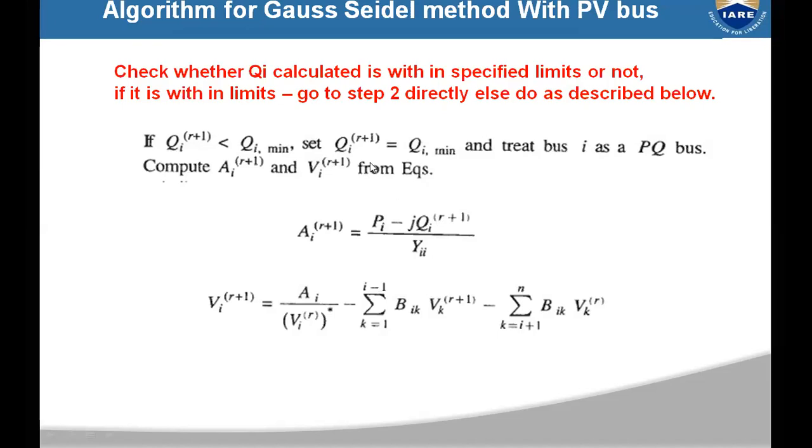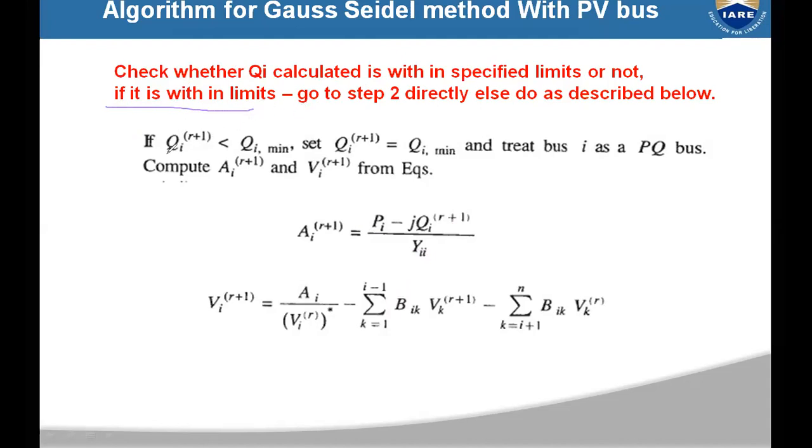You can directly go to step 2 without checking these. So these are not needed when your Qi is within limits. Suppose these are not within limits, then you have to do this procedure and skip the second step. Let us assume that Qi calculated is not within the limits.